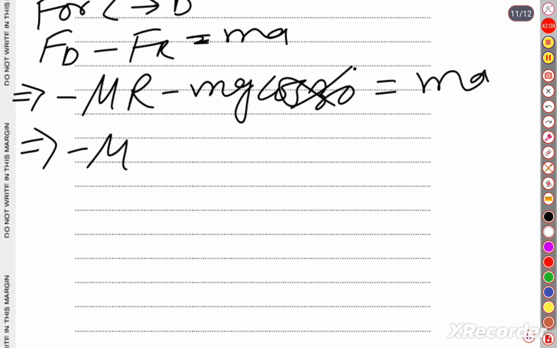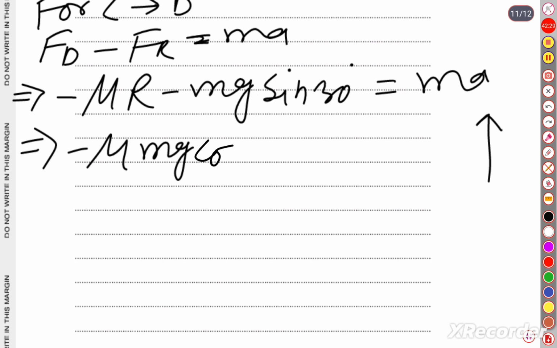So sin 30 for the component along the surface. The normal reaction acts vertically upward, so it will be cos 30 mu, then mg cos 30 degree minus mg sin 30 degree equal to ma.